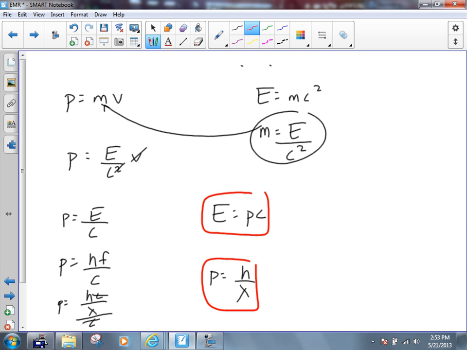A proton, let's use p equals mv because it has mass. But if you're asked to find the momentum of a photon, a particle without mass, then let's make sure we use one of those equations in the top right-hand corner of your data sheet. Not p equals mv, but p is equal to E over c or p is equal to h over lambda. Good?